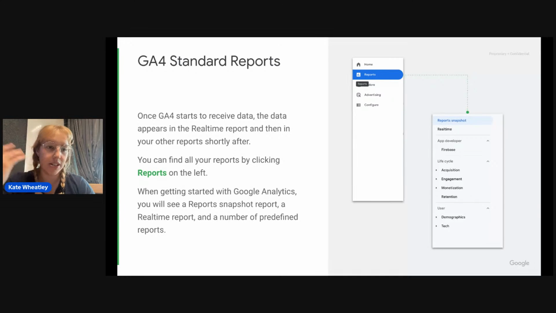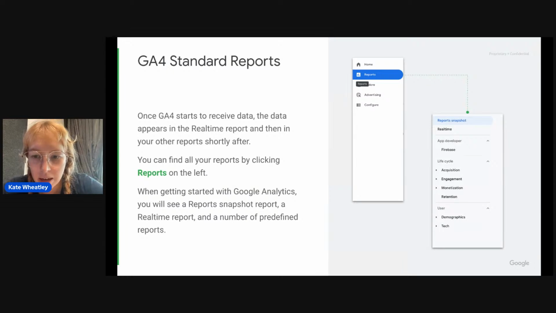So if you're, for instance, a gaming company, they would have their own set of gaming reports, whereas as a publisher, obviously, we're going to have more of those out-of-the-box content reports and traffic reports. So as soon as your analytics property is receiving data, you will start seeing this data coming into the real-time report and then also into your other, aggregated reports that look back further.